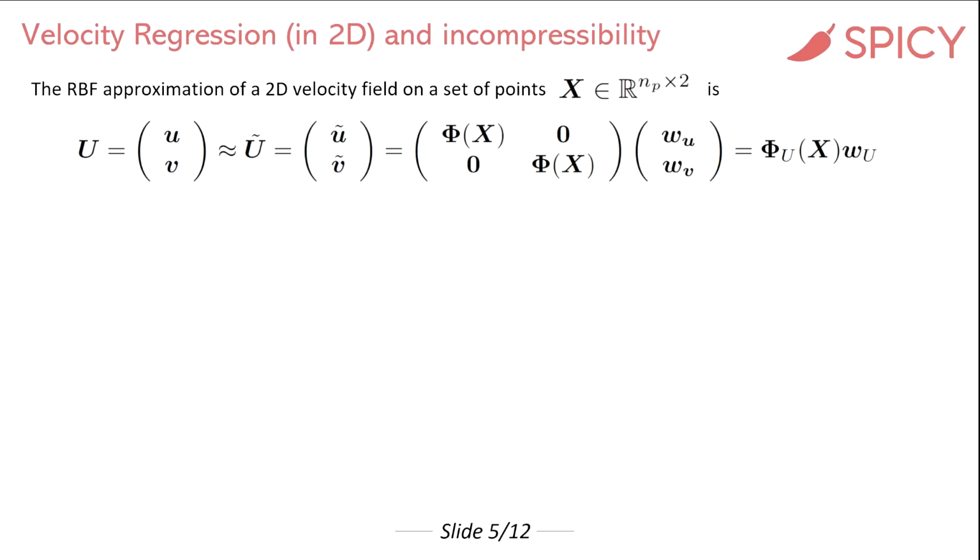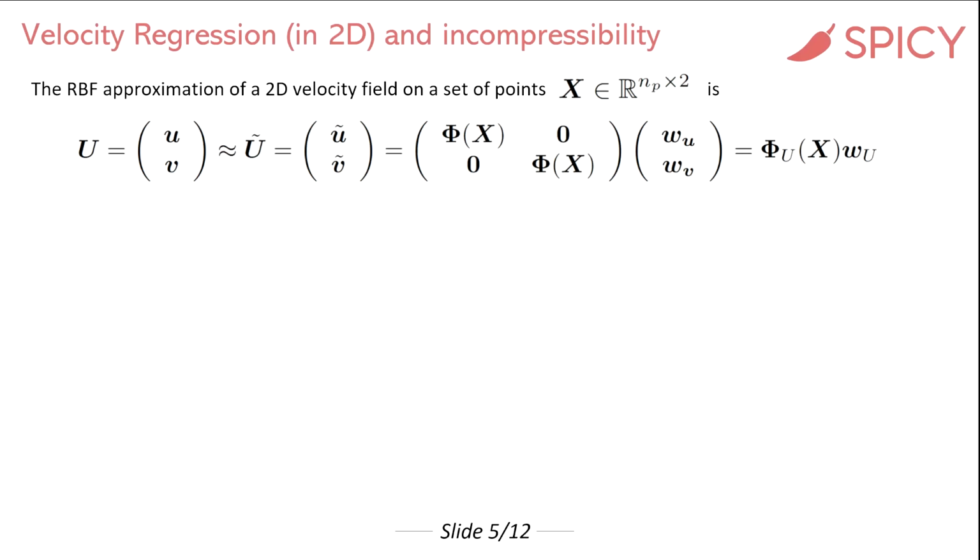Now in particle tracking velocimetry, the data, and so these points, will be a set of completely scattered, randomly located points. In particle image velocimetry, I mean cross-correlation based velocimetry, this will be available on a regular grid. Now the beauty of Spicy is that this distinction is absolutely irrelevant. Everything works exactly the same in both cases.